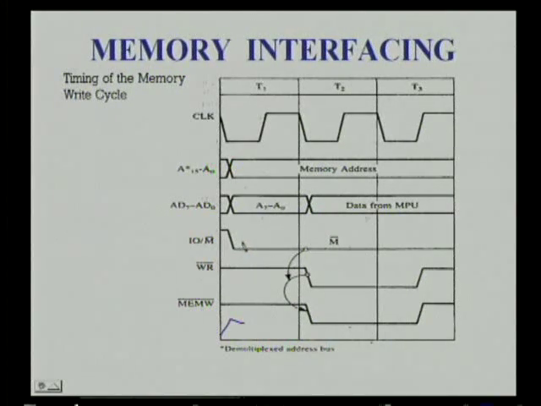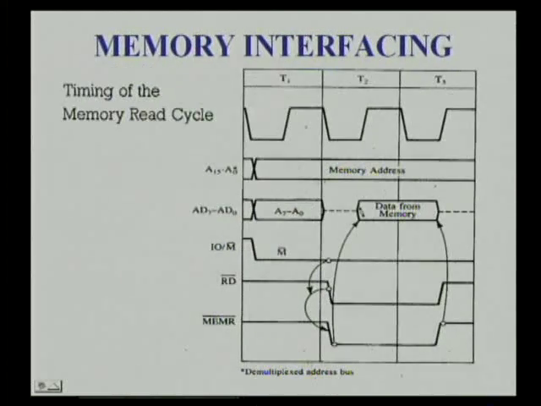And the M bar signal goes low because it is a memory related operation, and in the T2 state the write bar signal goes low. So by using this M bar and write bar signal, we generate this memory write bar signal. This memory write bar signal is connected to the memory. When this goes low, the memory chip will place its contents, or the identified memory location contents, on the data bus. This is how the memory write operation is performed. The memory read operation is very similar to this.